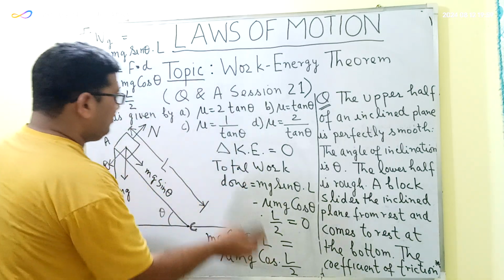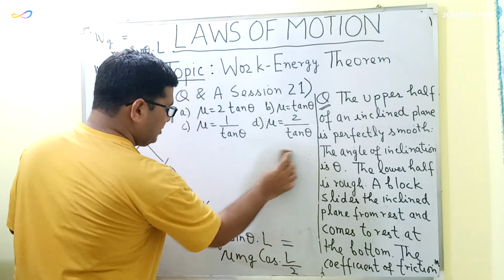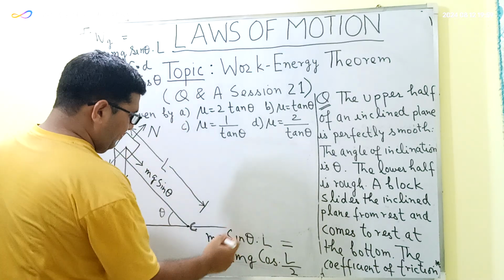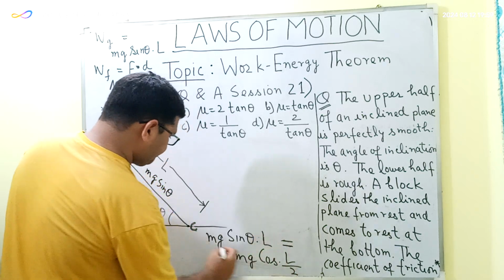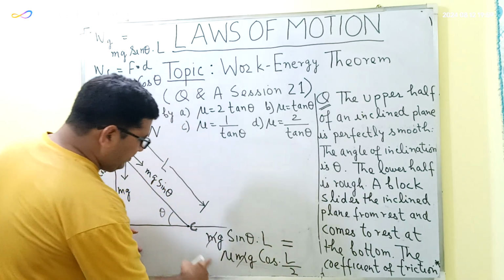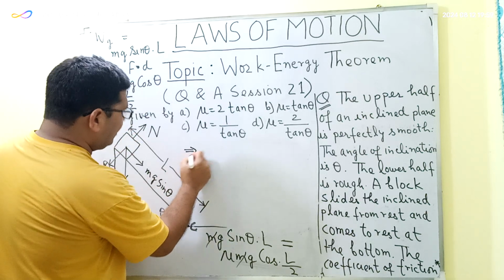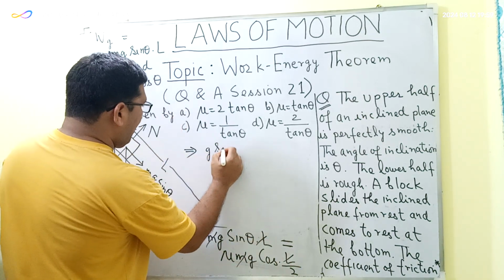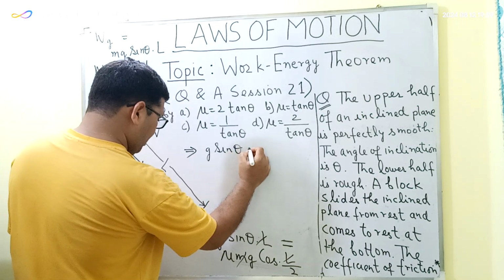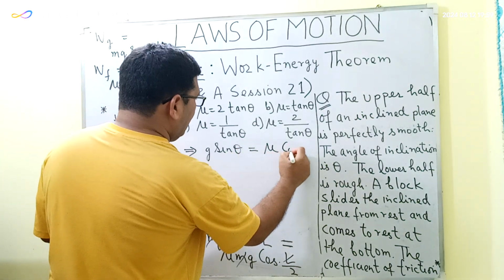From this equation I will get the relation that g sin theta is equal to mu g cos theta upon 2.